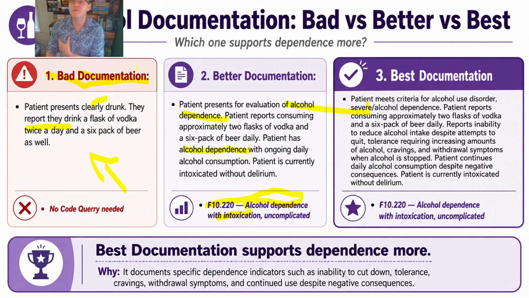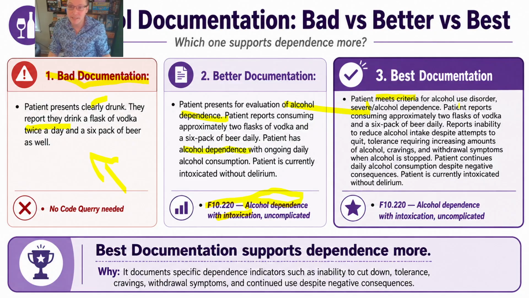But let's do an even better documentation, because this is where I think people miss the most on their documentation: there are DSM-5 criteria for these alcohol use disorders, every use disorder. Personally, I don't see it enough in records, and I would love to see it more, so I wrote it as a way where the provider did all that.